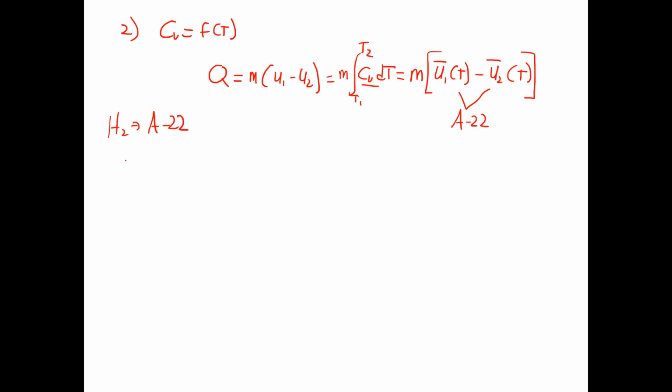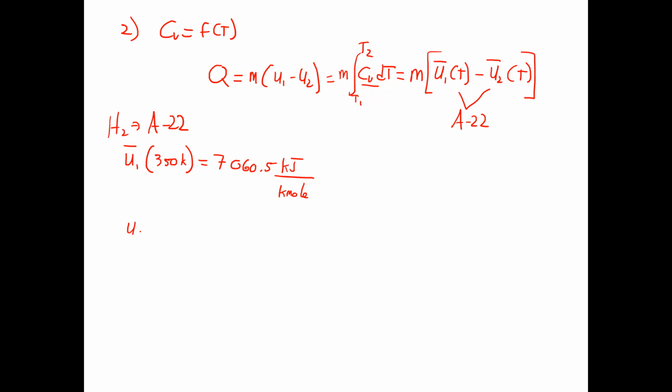So basically, if I pull my numbers from these tables, it is as if I am integrating this. If you go to table A22, U1 is at a temperature of 350 K. If I look up the internal energy for hydrogen at 350 Kelvin, I need to interpolate. I get a value of 7,060.5 kilojoules per kilomole. I'm going to call that U bar since that represents specific internal energy on a molar basis.